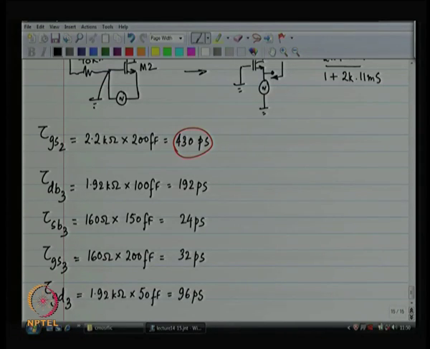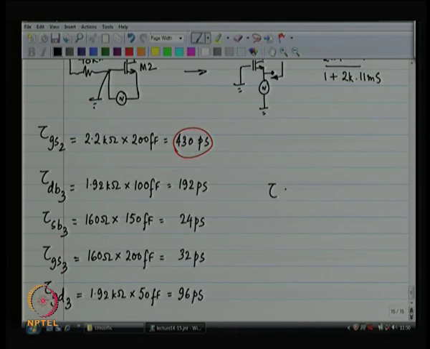I've got 192 picoseconds from drain to body of device number 3. I've got 24 picoseconds from source to body of device number 3, 32 picoseconds from gate to source of device number 3, and 96 picoseconds from gate to drain of device number 3.